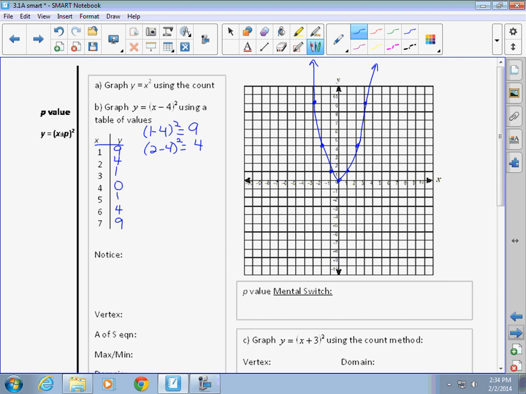So if I go to graph this, I'll do this in purple. I'm at 1 and 9. 2 and 4. There's 4 right there. 3 and 1. 4 and 0, 5 and 1, 6 and 4, and 7 and 9.